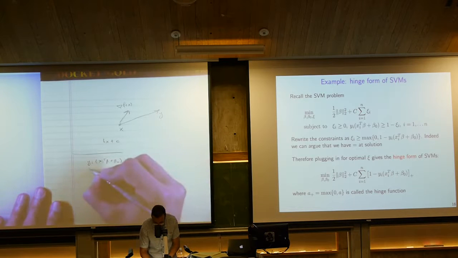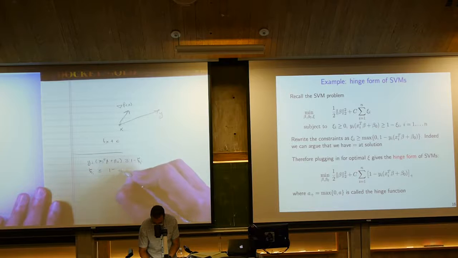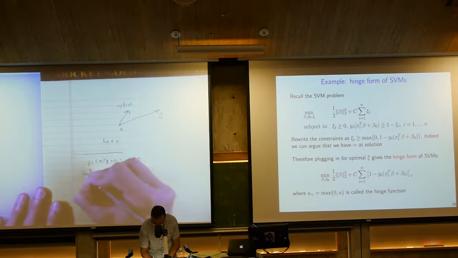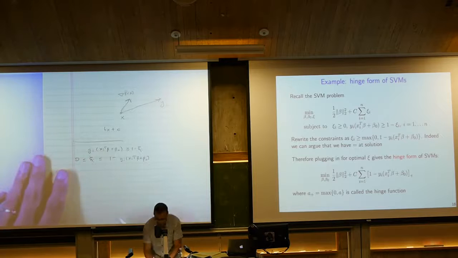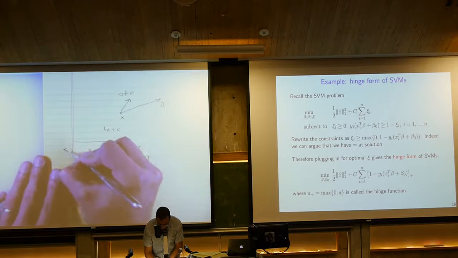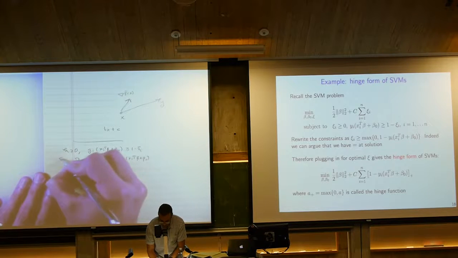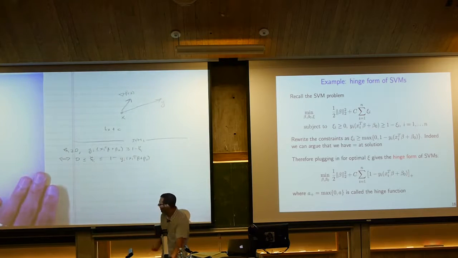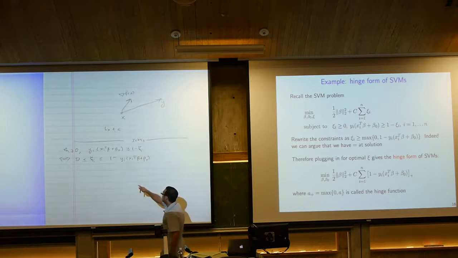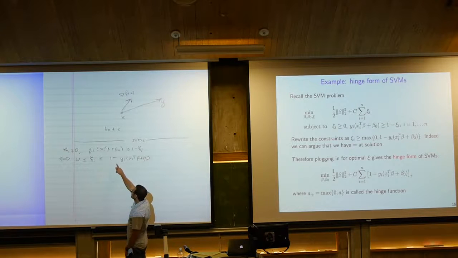I can write that as psi i is less than or equal to 1 minus yi xi transpose beta plus beta naught. So here are my constraints on each psi i that I have in the problem. So originally I had these two. I can rewrite them like this. And we can say that actually at the solution we have to have psi i being equal to this.